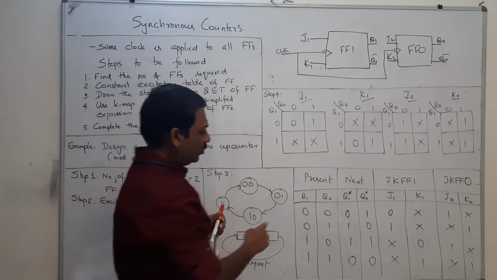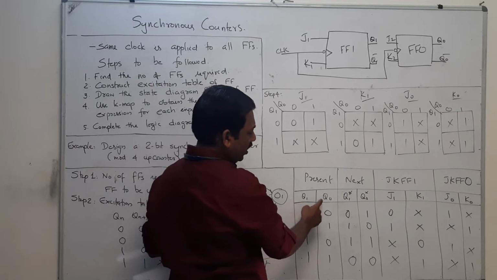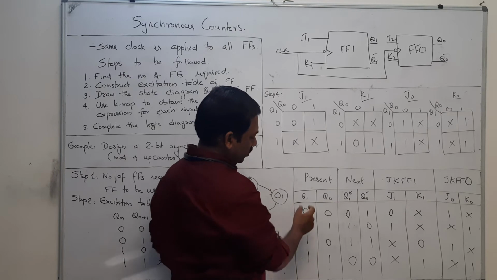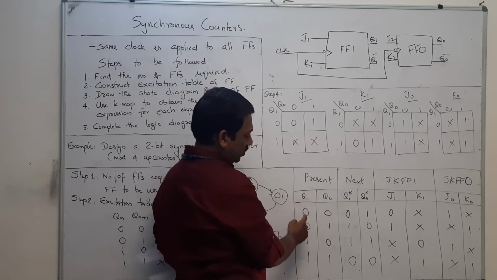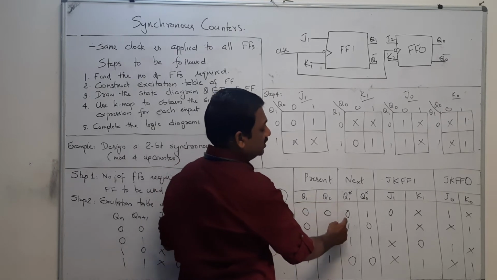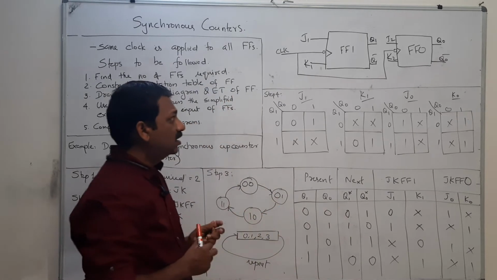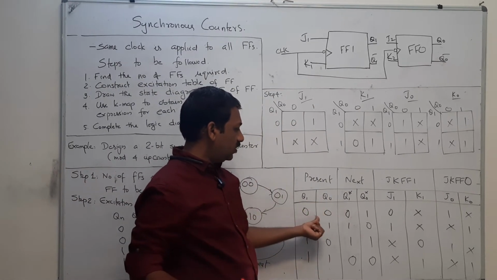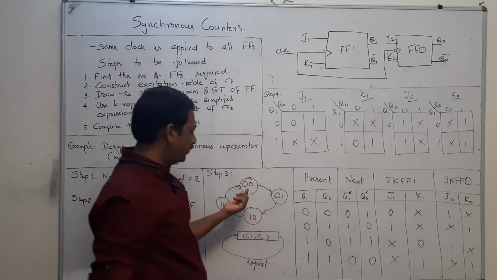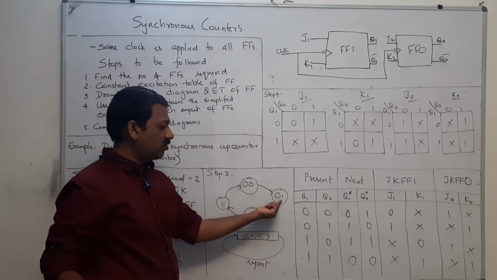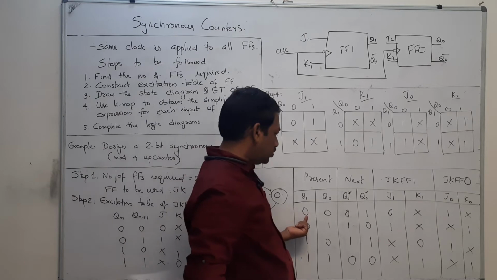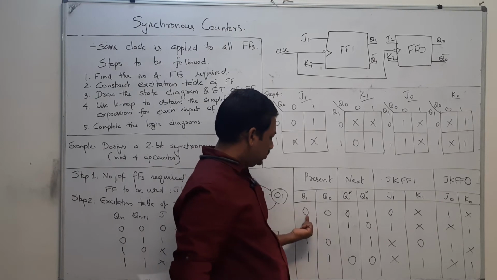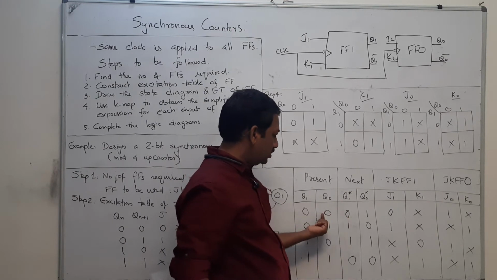Now, suppose that Q1 and Q0 are 0 and 0, the next state is 0, 1. That means after 0, 0, the next state is 0, 1. That means it has to switch from 0 to 0 and 0 to 1.